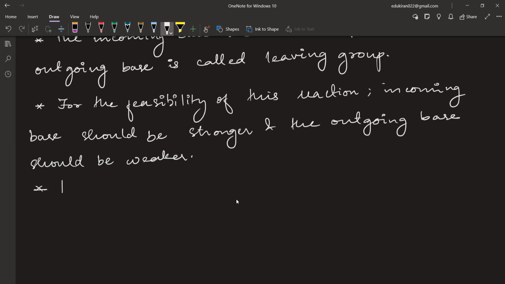Next point. The most important point is two things happen in SN. Number one is the cleavage of the C-X bond.